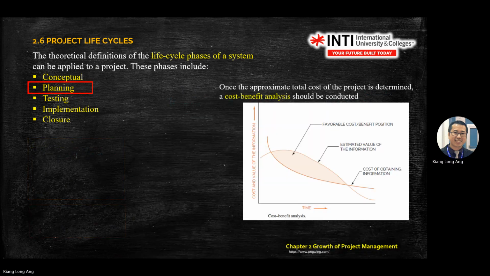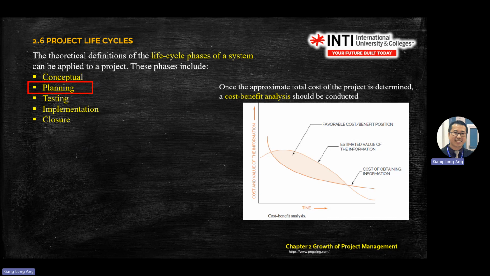Okay. Then another chart to explain management is the cost and value of the information against time. This graph is used for cost benefit analysis. What you need is the cost and value. So you have two lines on this curve.